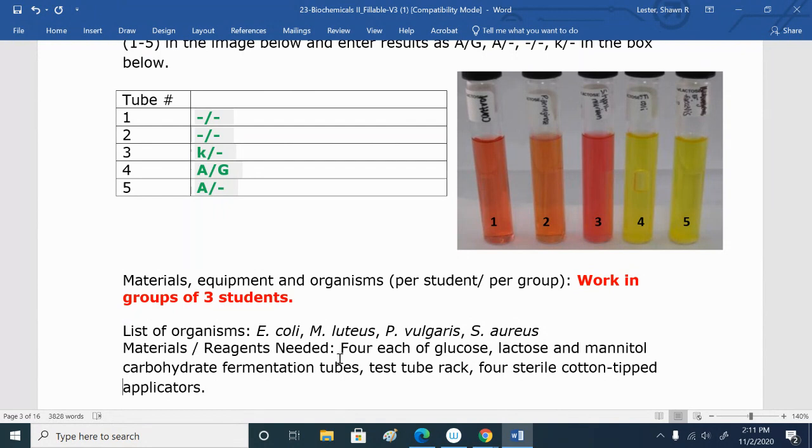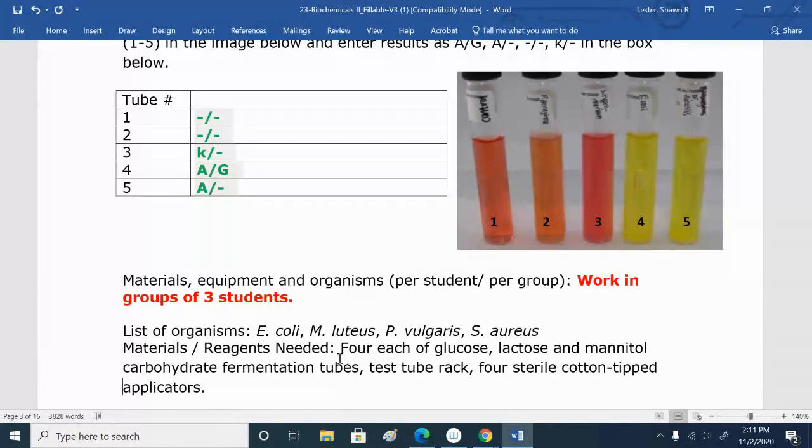And then the organism that was confusing was Micrococcus luteus. Because when you looked at all the tubes from Micrococcus, what you saw was negative, negative. Every tube was negative, all still red. And so Micrococcus did not ferment anything, not even glucose. How can that be?